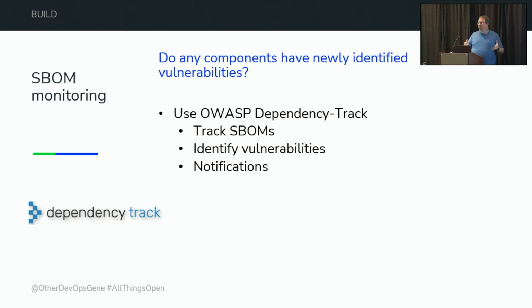It can handle notifications. It will automatically download the vulnerability databases every day, run them against its catalog of SBOMs, and notify the team that submitted that SBOM that, hey, we found something new, right? It's a management system for that.